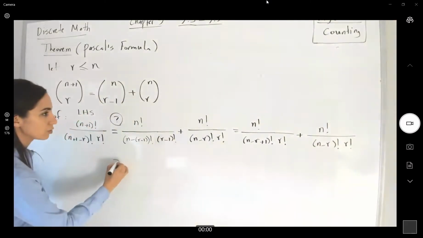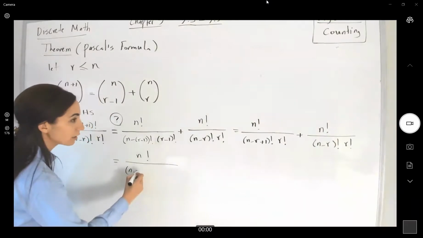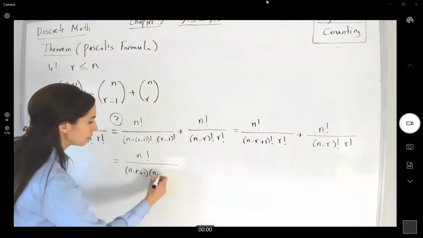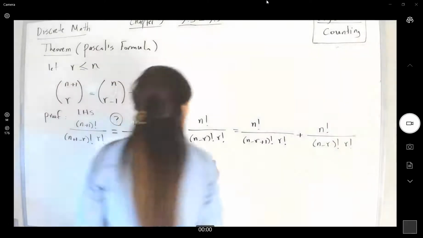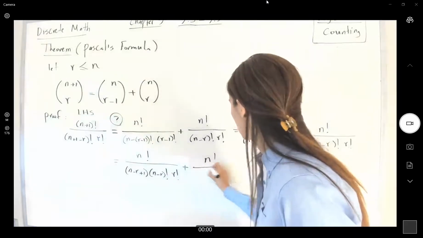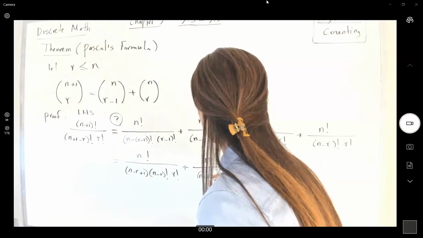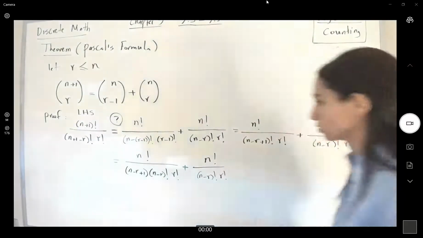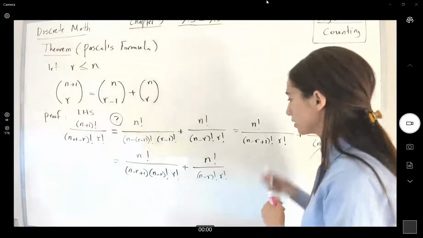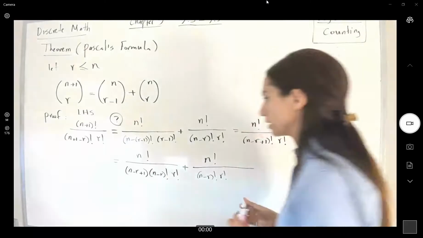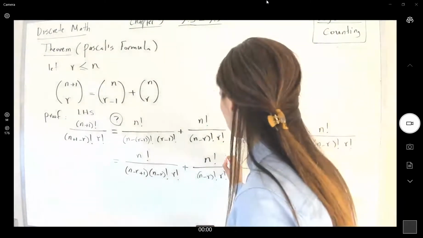So this is going to be n factorial divided by (n minus r plus 1) times (n minus r) factorial times r factorial, plus n factorial divided by (n minus r) factorial times r factorial. Well, okay, so I can multiply the numerator and the denominator by n minus r plus 1 to create the exact same denominator here.